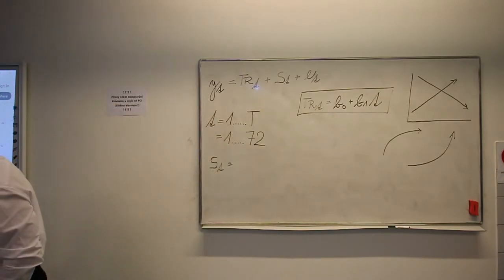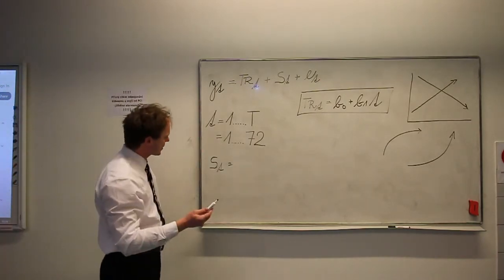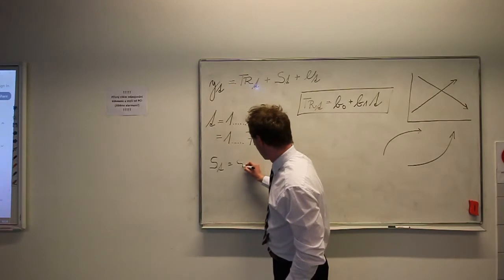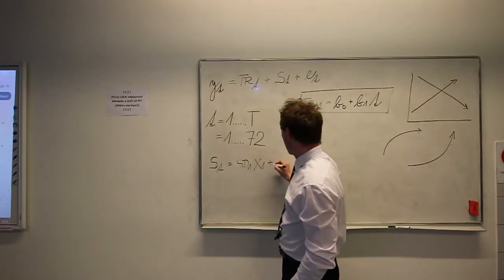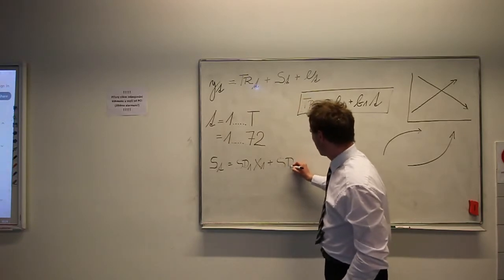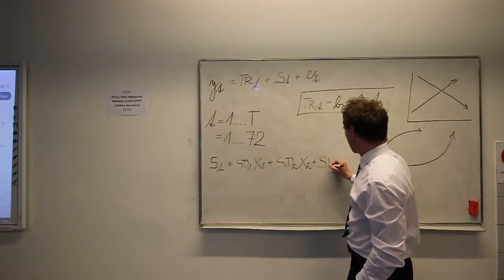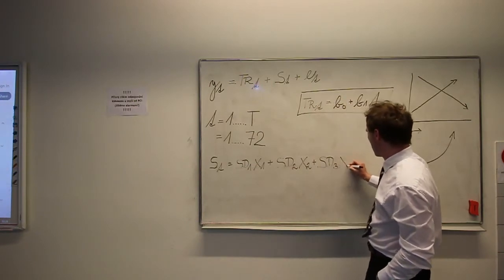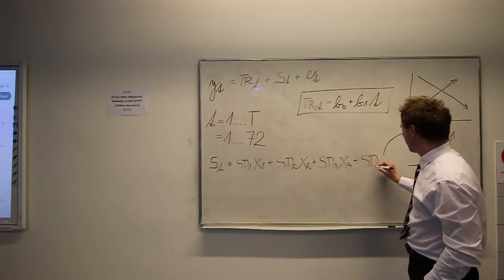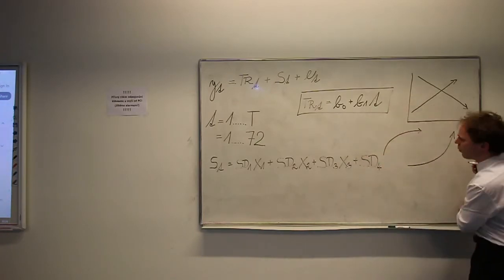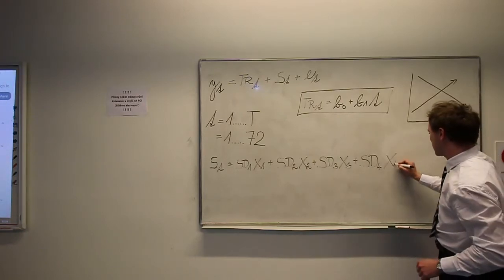Mr. Hellman uses seasonal differences and dummy variables x: seasonal difference 1 x1, plus seasonal difference 2 x2, plus seasonal difference 3 x3, plus seasonal difference 4 x4.